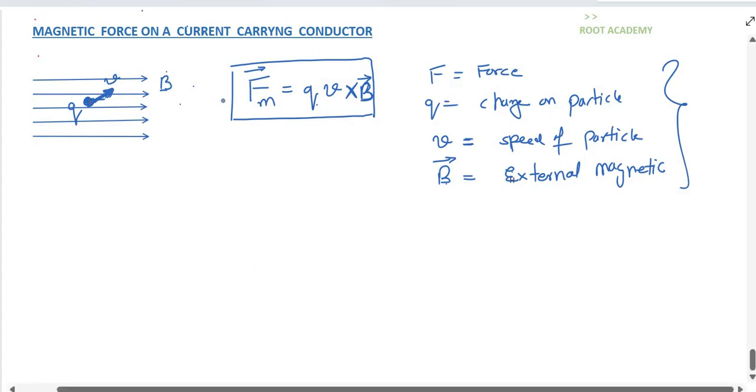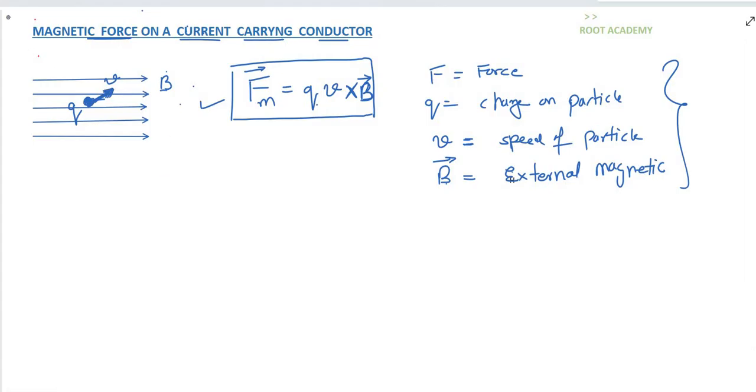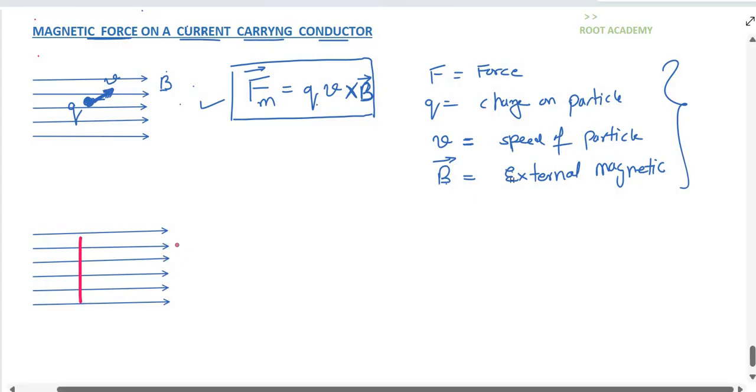But today, using this formula, we will derive the magnetic force experienced by a current carrying conductor. Instead of a single particle, we have kept a wire in the magnetic field. So this is the magnetic field B, which is external, and this is the wire which is kept.